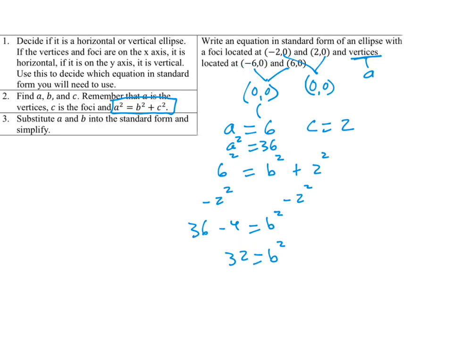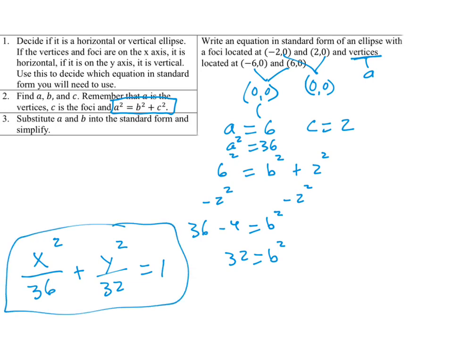So we got a horizontal ellipse here. So we're going to have x squared over 36, that's a squared. And we got y squared over b squared, which is 32. That's going to equal 1. Since our center is at 0, 0, we don't have to do the x minus something or y minus something, but in future problems you will.